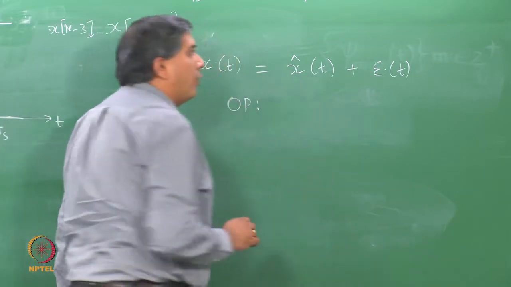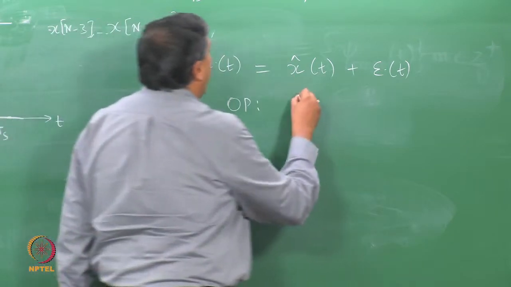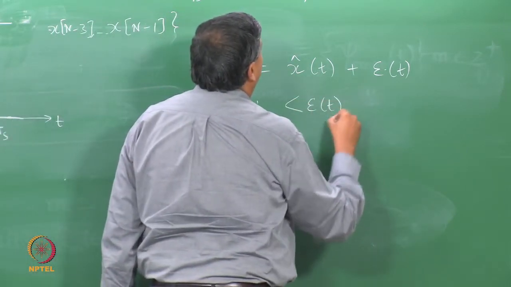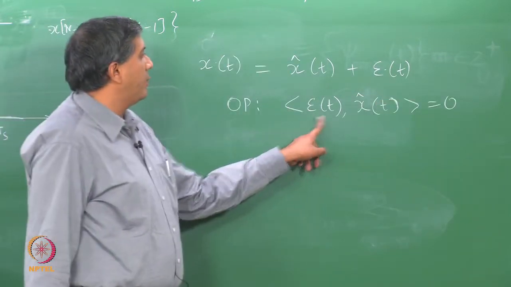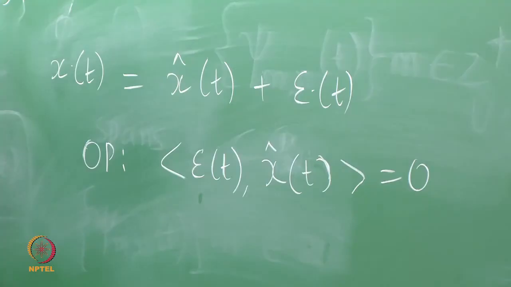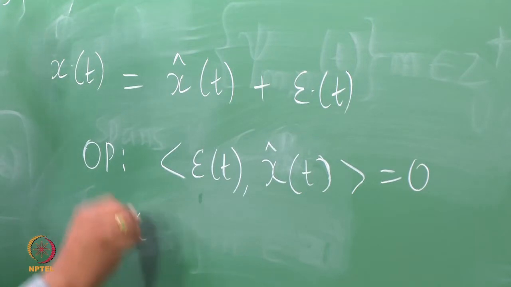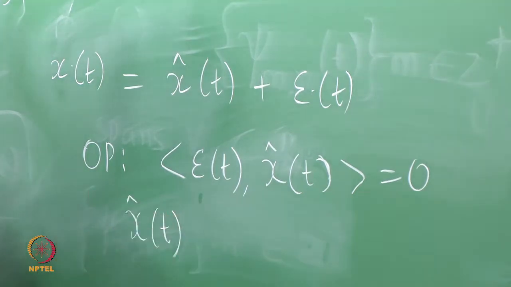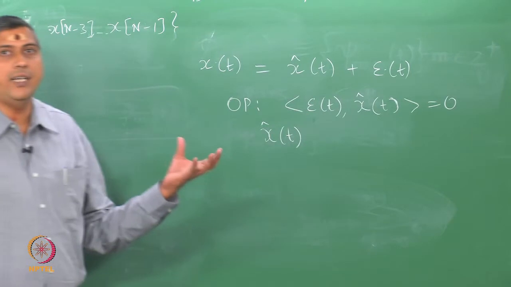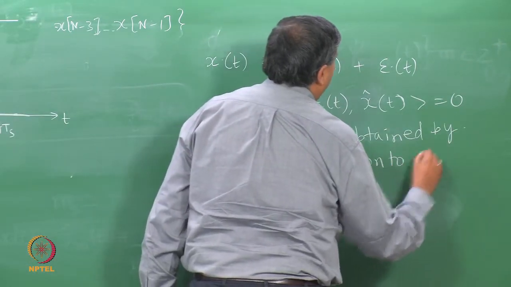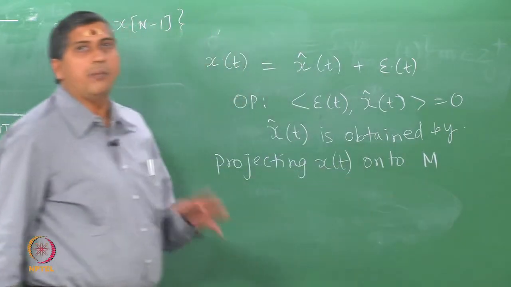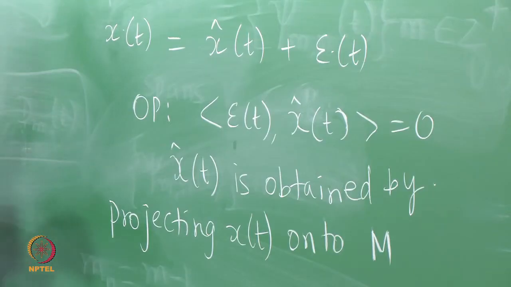The main feature of the orthogonal projection is that the inner product between epsilon and x hat is 0. So, the inner product between epsilon and x hat is 0, and x hat itself is generated by projecting x onto M, and M itself is spanned by these basis functions phi, right.